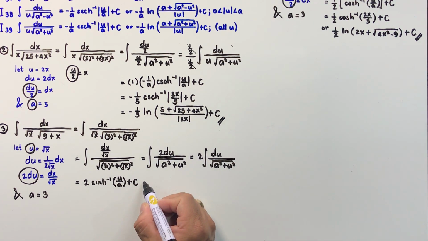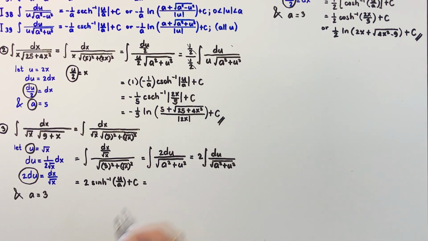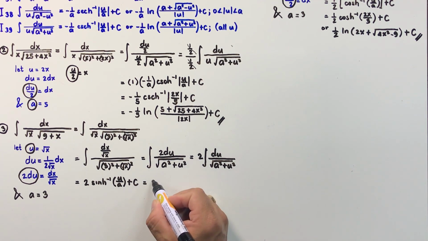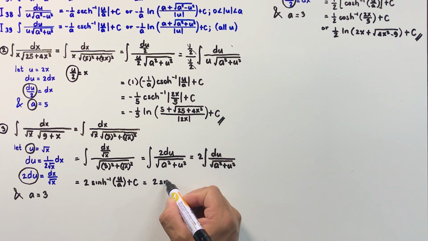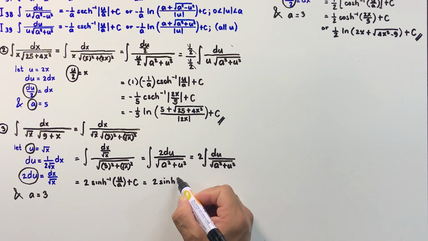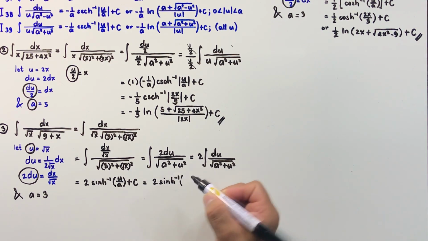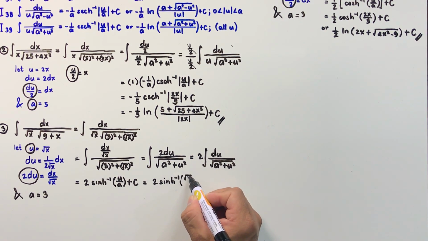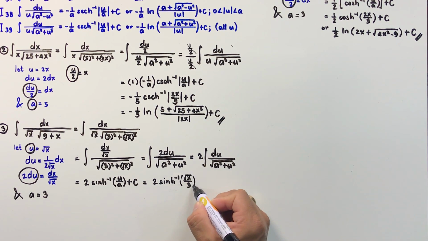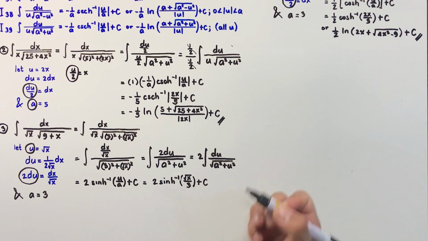So substituting back our original variable, we have 2 times the inverse hyperbolic sine of u, which is the square root of x over a, which is 3 here. And this is added to the constant of integration c.